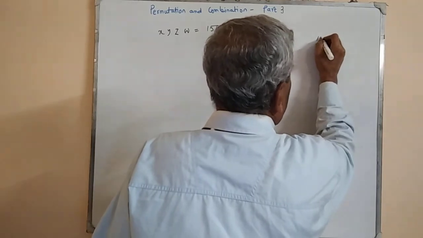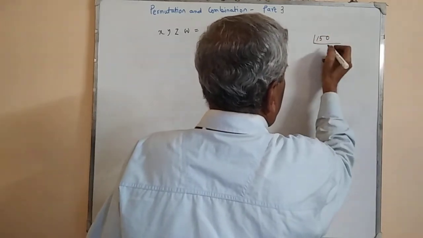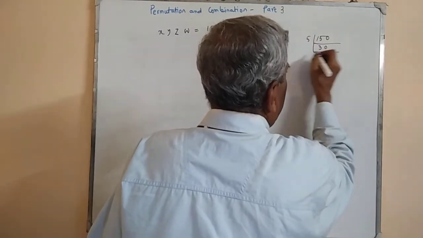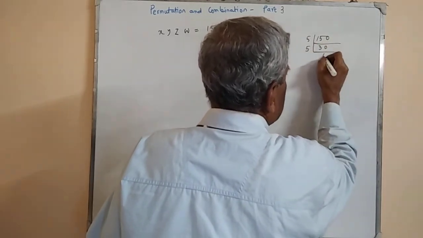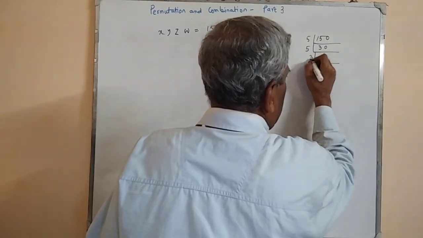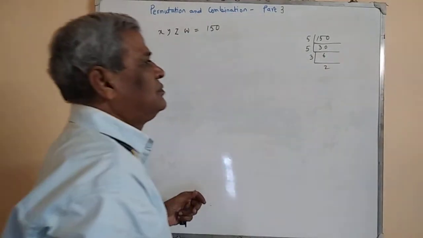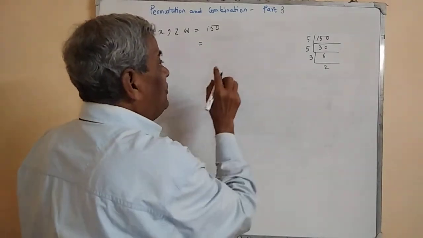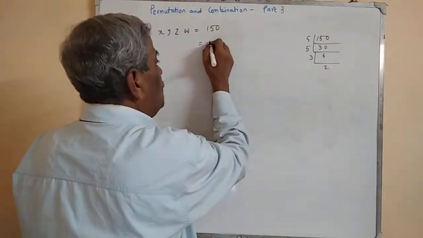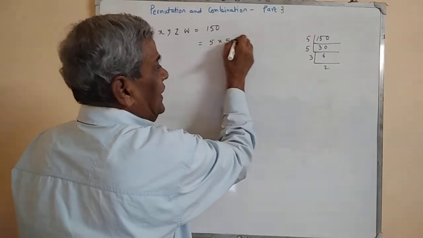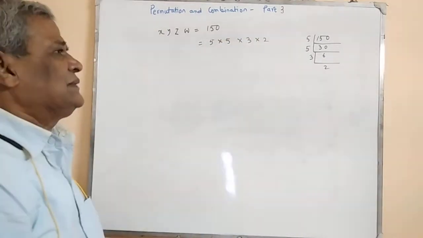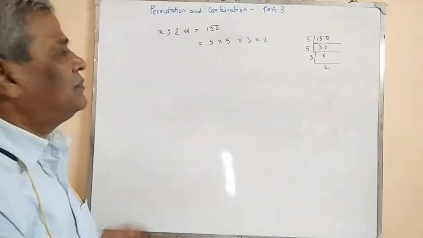So 150, 5, 30, 5, 6, 3, 2. Here also we can factorize it this way, 5 into 5 into 3 into 2. 4 factors and they are all prime.